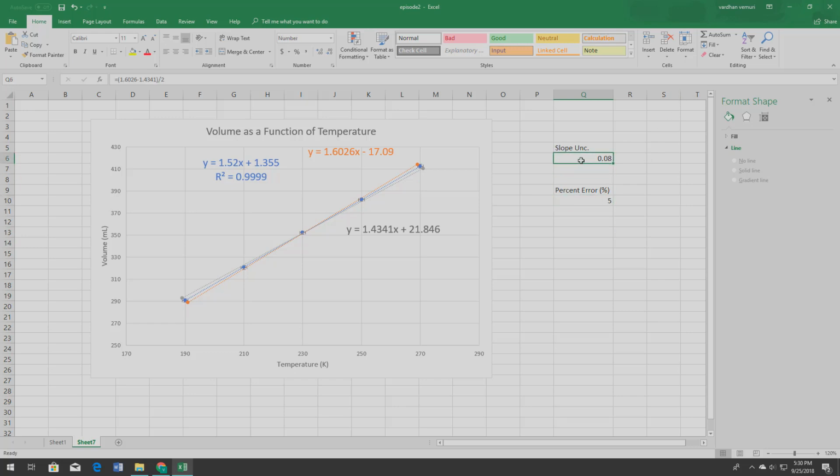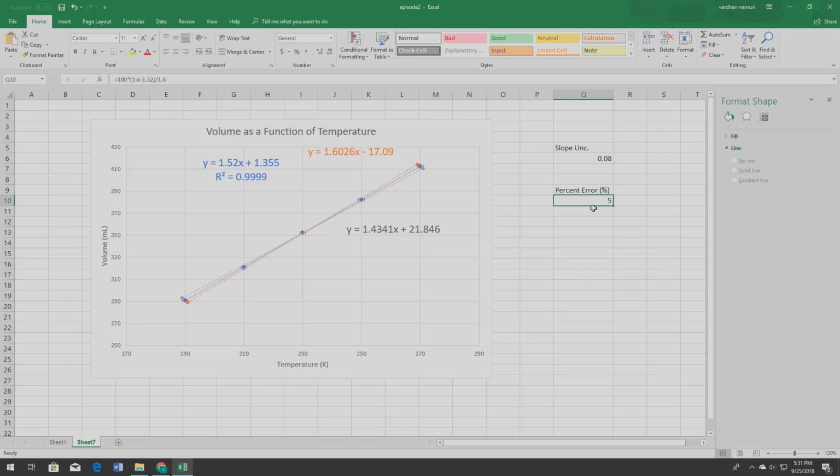Based on your slope uncertainty, you can figure out the margin that your slope could have fallen into within your lab. And so, because you know that margin, or that range of values that you could have gotten, you will know if that falls within your percent error. So if your percent error falls within that margin, then you're all good.